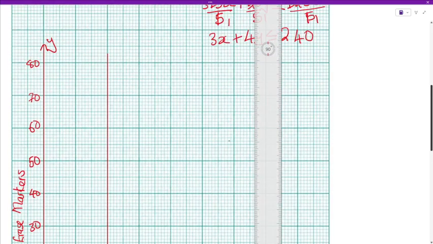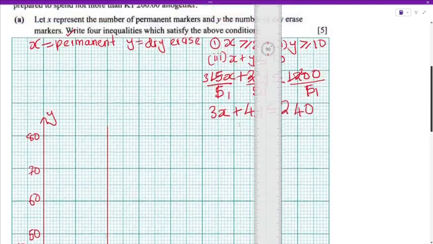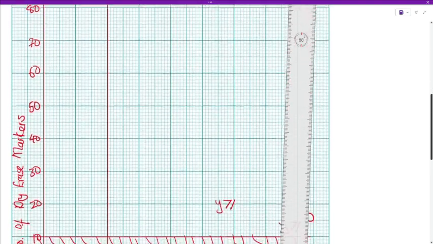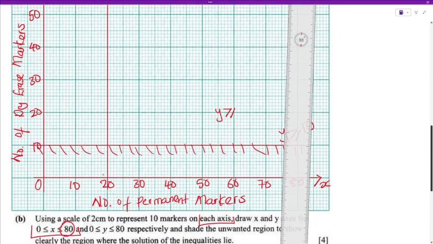What is the symbol saying? Greater than or equal to 20. So this side is heading toward the greater part, so we shade the opposite. We shade that side.